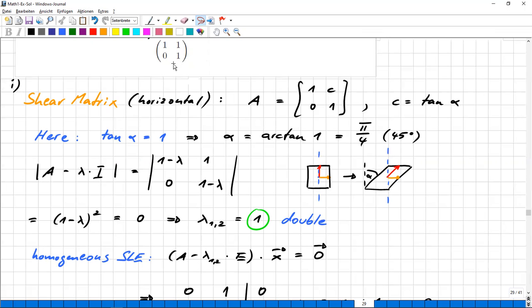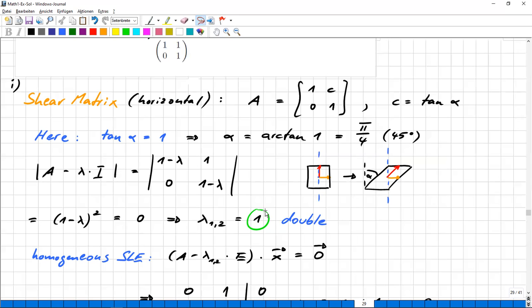And this is what we do usually, okay? But now the interesting point is that the sum of the geometric multiplicities of all the eigenspaces which we find corresponding to the found eigenvalues does not always have to be the same. It can be lower than the dimension of the matrix. Actually, in this case, this is what happens.